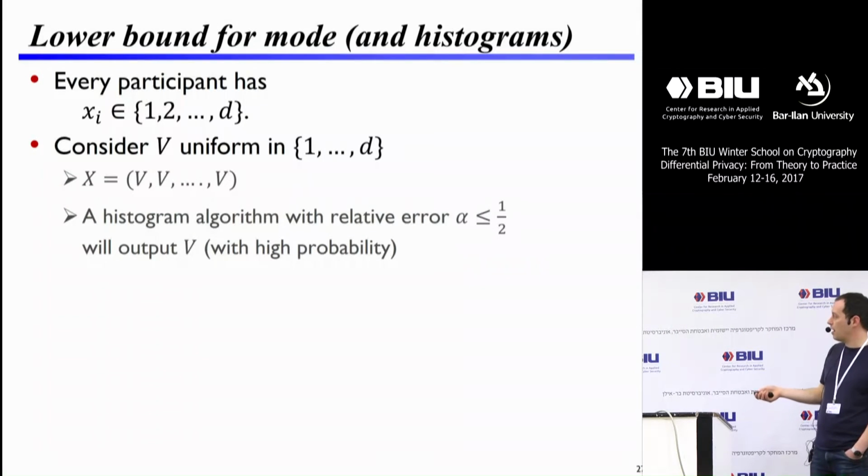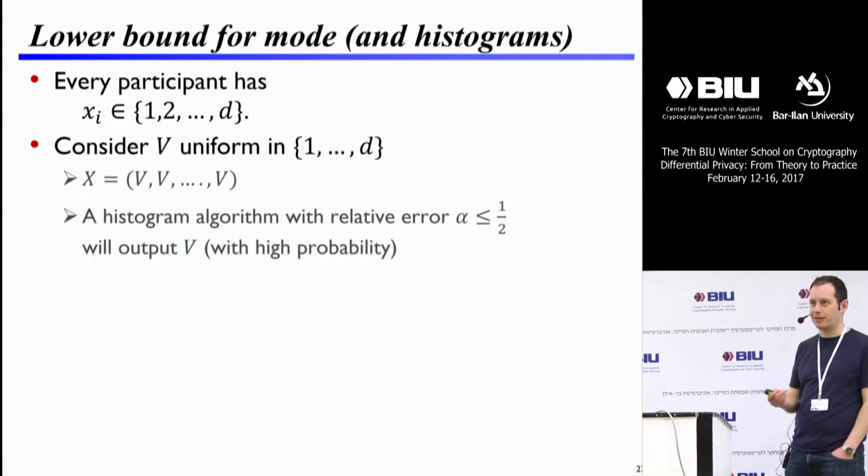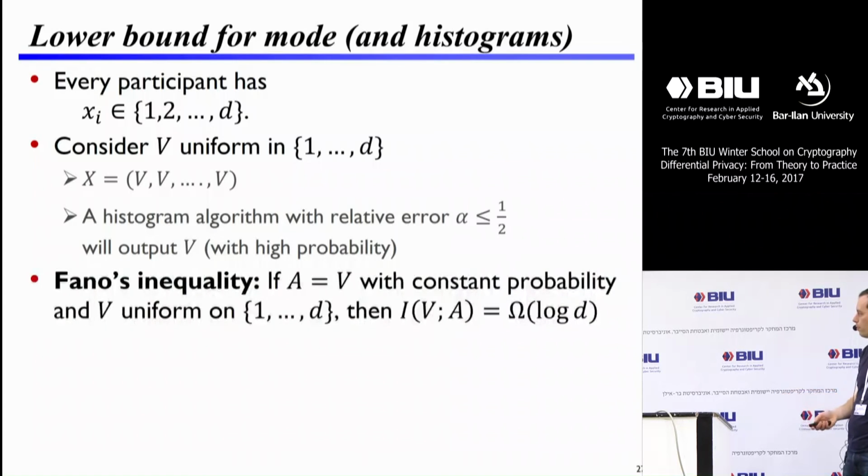And now any remotely reasonable histogram algorithm had better tell me v, right? Because obviously, if all my data points are in one bin and I can't find that bin, things are not going well.